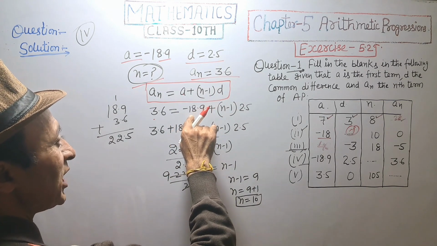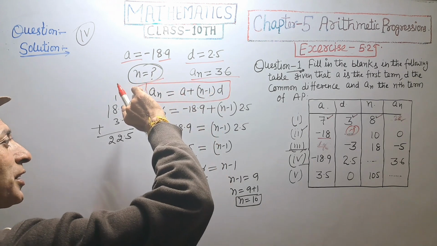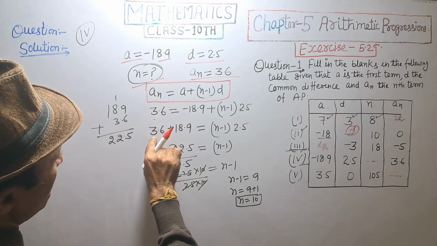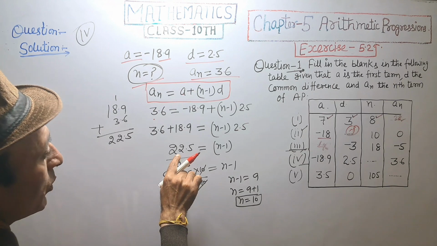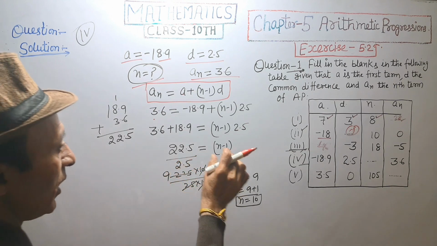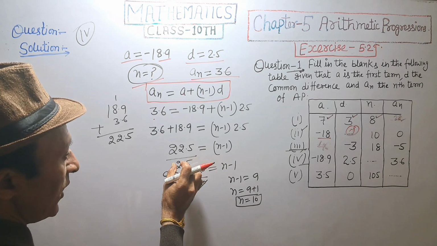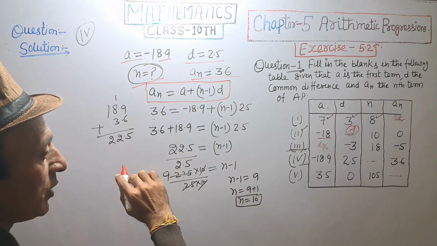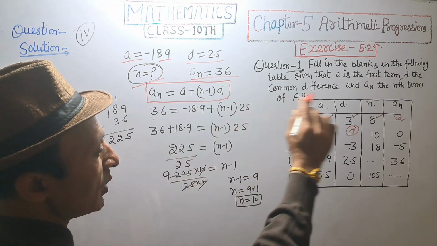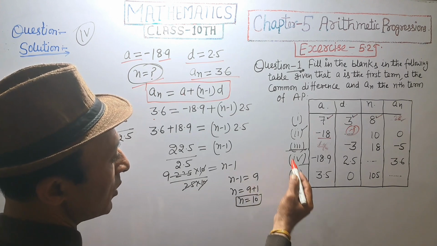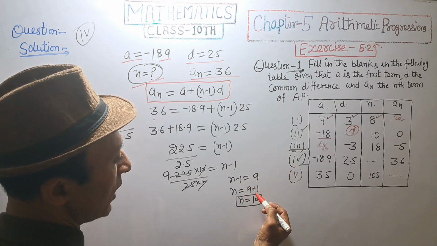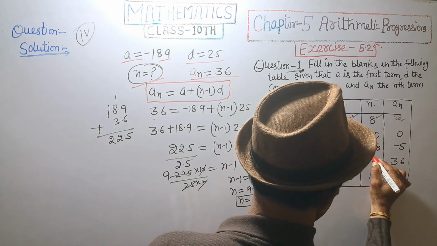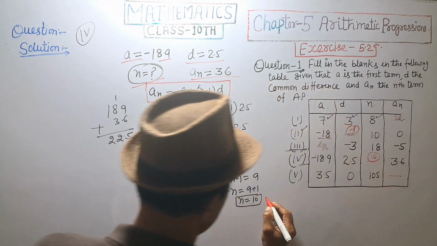We are shifting minus 18.9 to the left and adding 18.9 and 3.6, we get 22.5, and 22.5 divided by 2.5, then we get 9. N minus 1 is equal to 9 means N is equal to 9 plus 1. Minus 1 shifting to the right side, then N is equal to 9 plus 1, which equals 10. N is equal to 10.